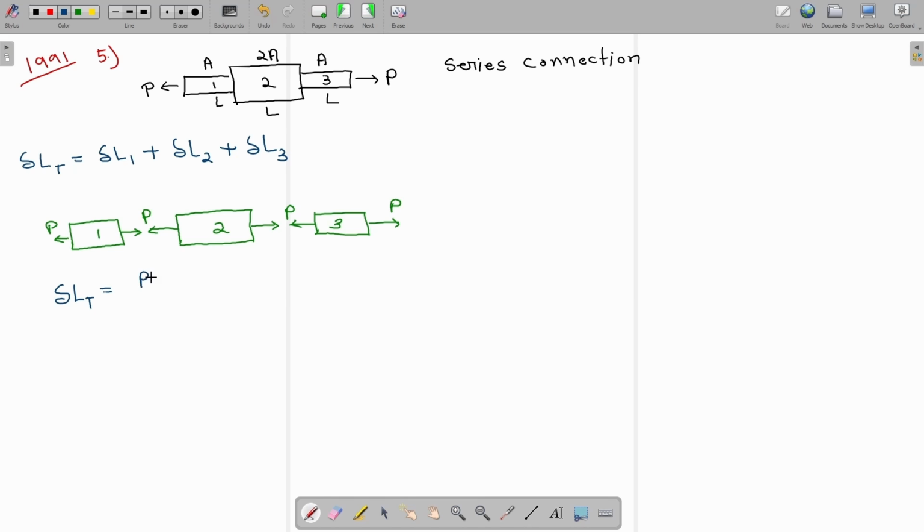Therefore, the total deflection is given by the deflection due to the first part, PL by AE, plus delta L2, which is for body 2, given by PL upon 2AE, since the area is a bit more here. Now for the third part, similarly, delta L3 is given by PL upon AE.